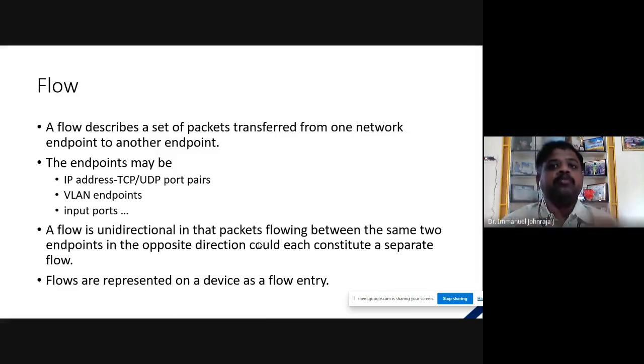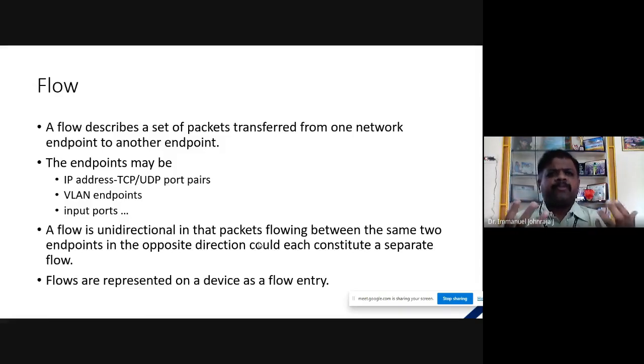No, it could be VLAN endpoints, from one end device to another end device in your virtual LANs, or it could be ports. It could also be the combination of source IP and destination IP. The combination of source IP and source port, destination IP and destination port could be another one, as I said, socket. Or from one network to another network.